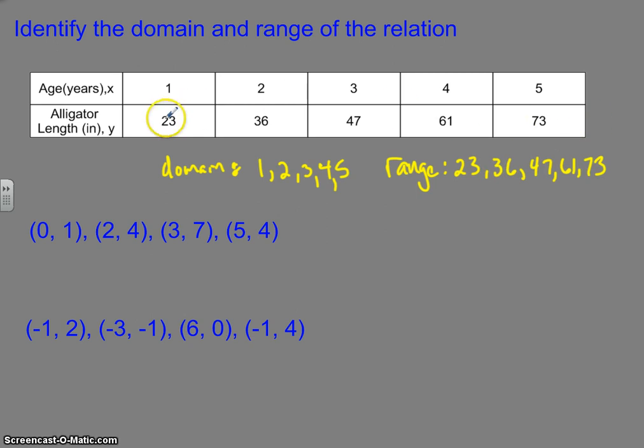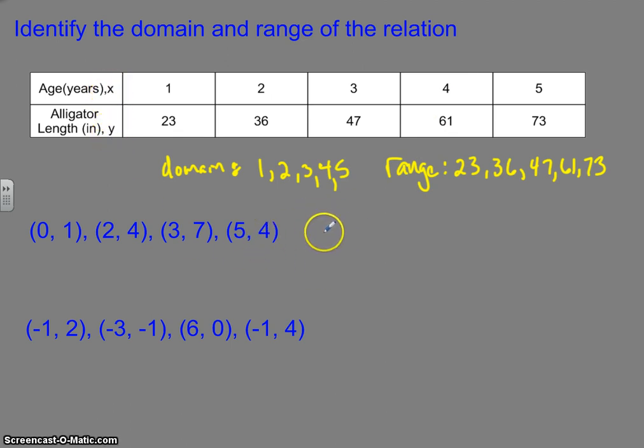This was the range, this is the domain, and notice the length is dependent on the age of the alligator. So this is the dependent variable, this is the independent variable. So we choose an age, and then the length is dependent upon that age. So domain is x, range is y.